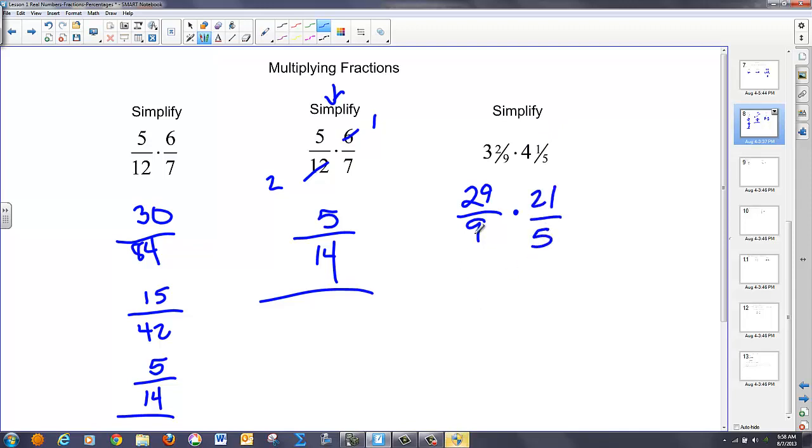I look and say, hey, 3 goes into both 21 and 9, goes into 9 3 times, goes into 21 7 times. That's all the reducing I can do. So then I'll just multiply 29 times 7, get 203. And then I have 15 on the bottom, and I'm done.